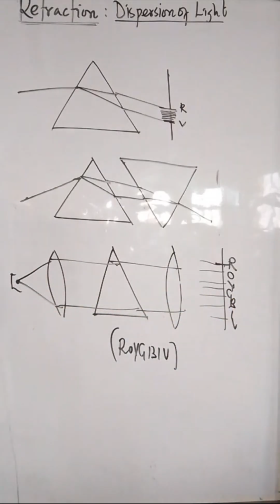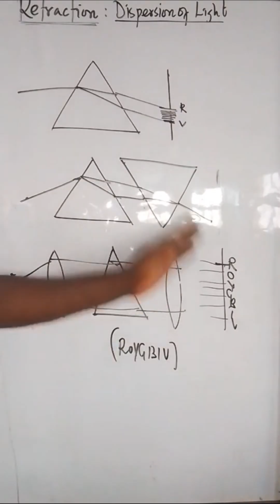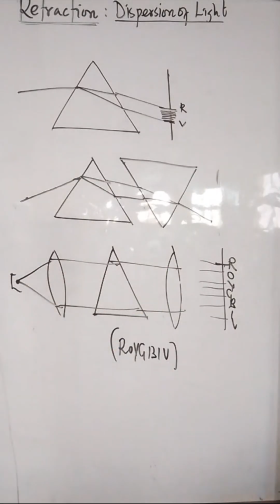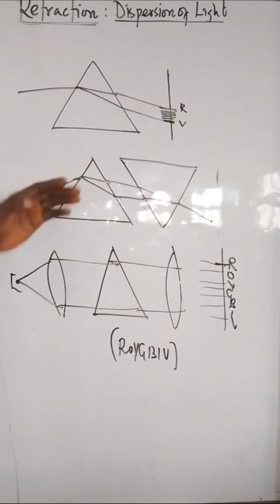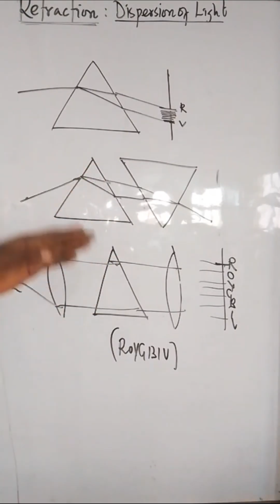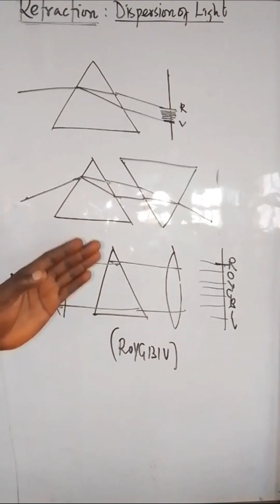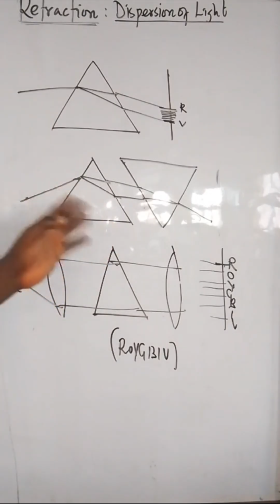Ordinarily, since they are all part of the electromagnetic spectrum, all electromagnetic waves travel with the speed of light in a vacuum. But inside the glass prism, they travel at different speeds and have different wavelengths. So during this process, the only thing that is constant is their frequency.